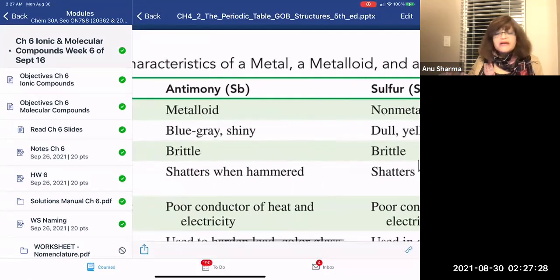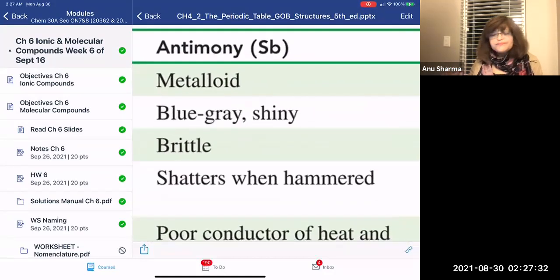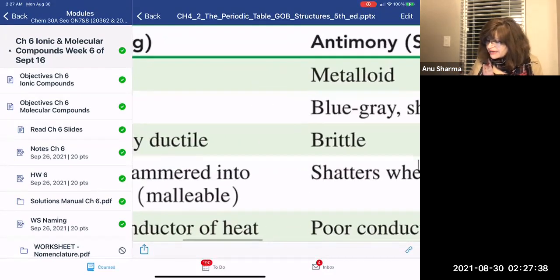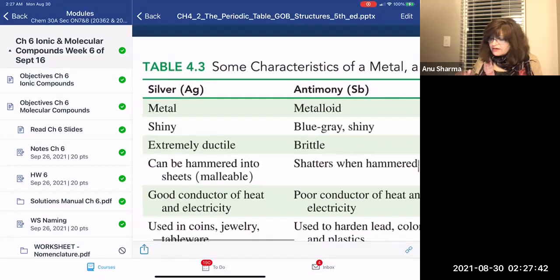Now comes the metalloids. Now, what's the deal with the metalloids? They could be shiny, and they are brittle though. When you stretch a metal, it becomes a wire. That means it has a very strong tensile strength, but metalloids are brittle.